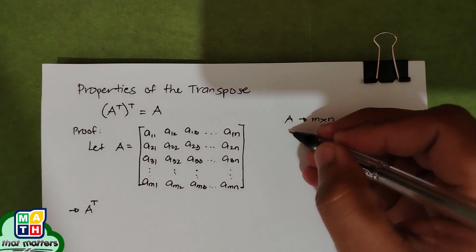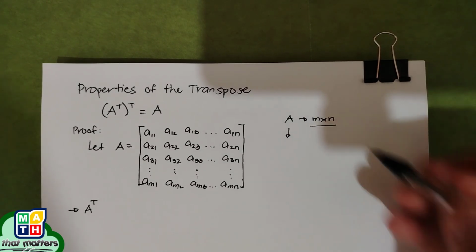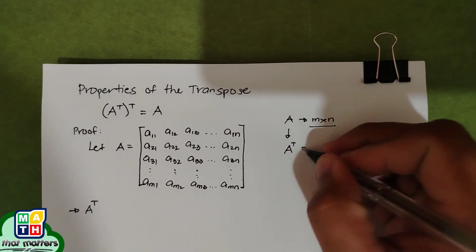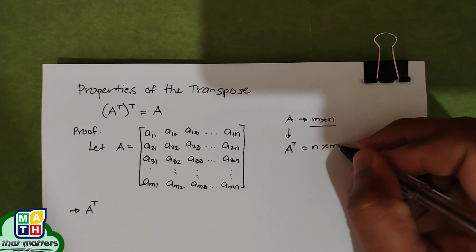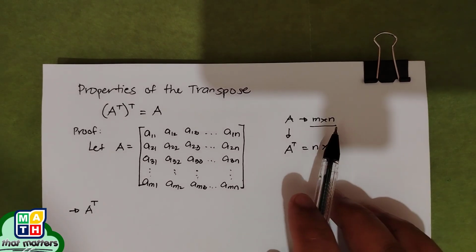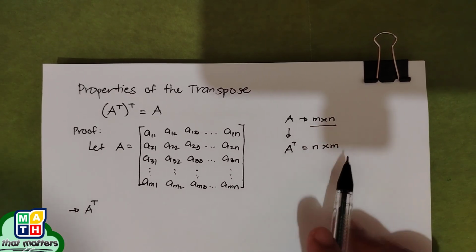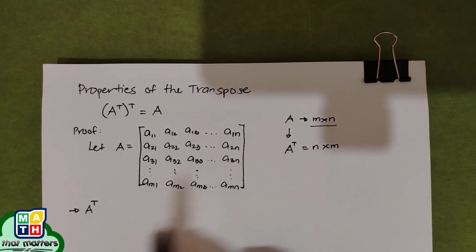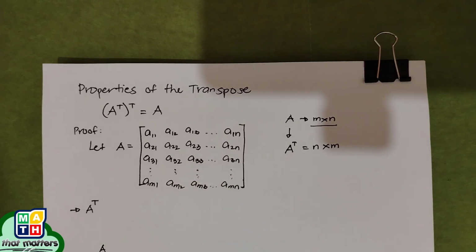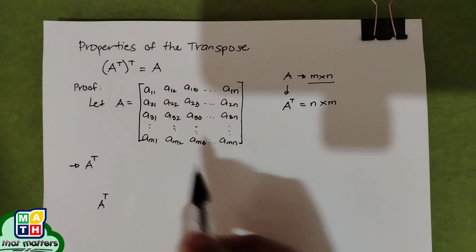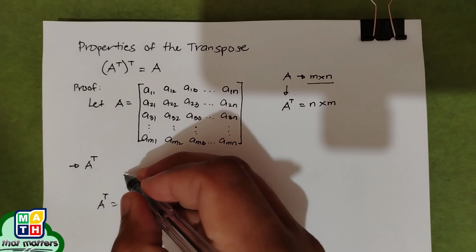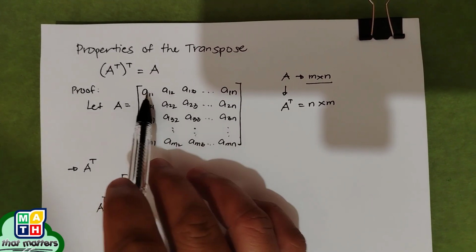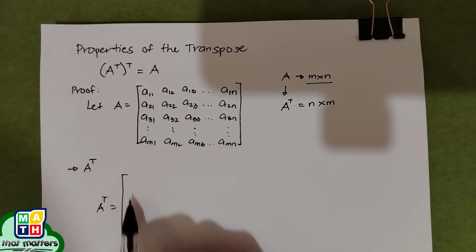In short, if A is originally an m by n matrix, its transpose would be an n by m matrix, where the number of rows earlier becomes the number of columns now, and the number of columns earlier becomes the number of rows. In the representation, going back to our A here, these were the entries of our first row.